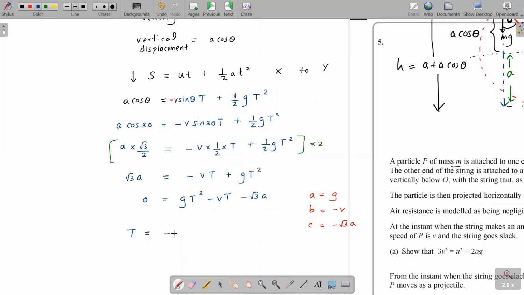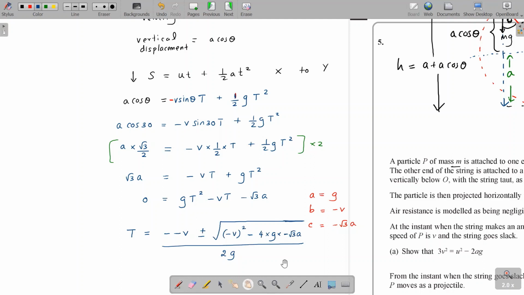Let's input the values. Minus b is minus minus v, since there's already a minus sign and b is minus v, plus or minus square root. b square is minus v square, b square minus 4ac, where a is g and c is minus root 3a, divided by 2a, and 2a is 2g.